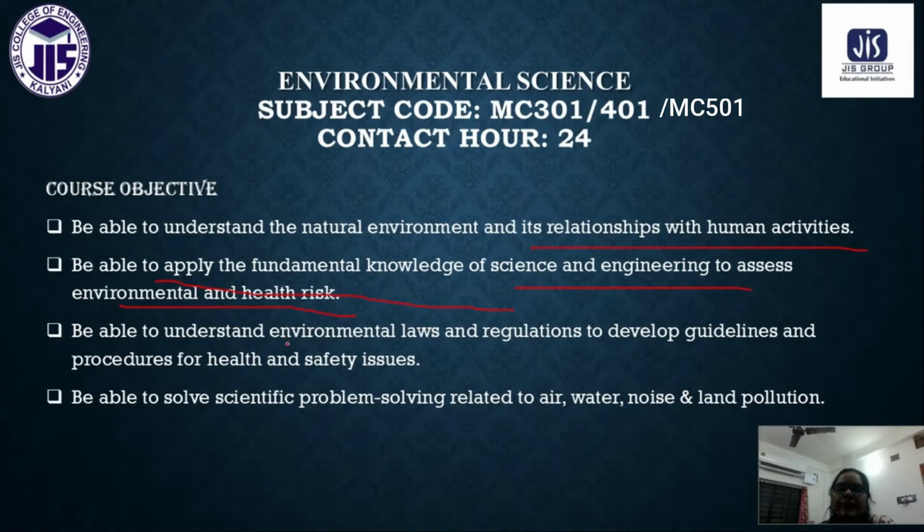You can understand the environmental laws and regulations, and you can develop the guidelines and procedures for health and safety issues, and you can solve some of the problems related to the environment with your fundamental knowledge of air, water, noise and land pollution.